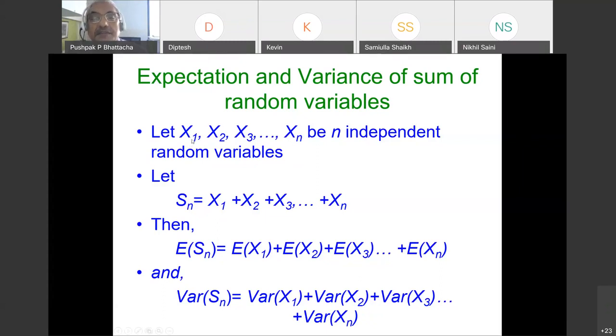Or if it is the cigarette situation, then x1, x2, xn are the nicotine levels of n cigarettes. Okay, so this is the situation. And we are interested in the summation of the values of these random variables.